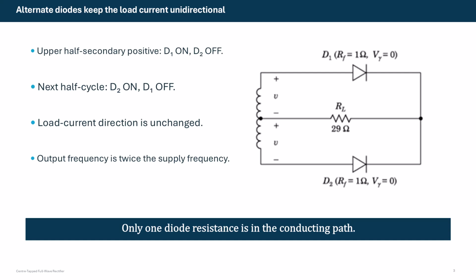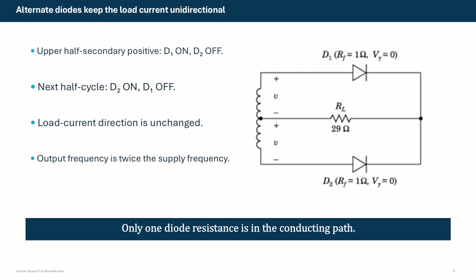On the positive half cycle of the upper half secondary, diode D1 is forward biased and diode D2 blocks. During the next half cycle, the lower half secondary reverses polarity, diode D2 conducts and diode D1 blocks. In both cases, the current passes through the load in the same direction.